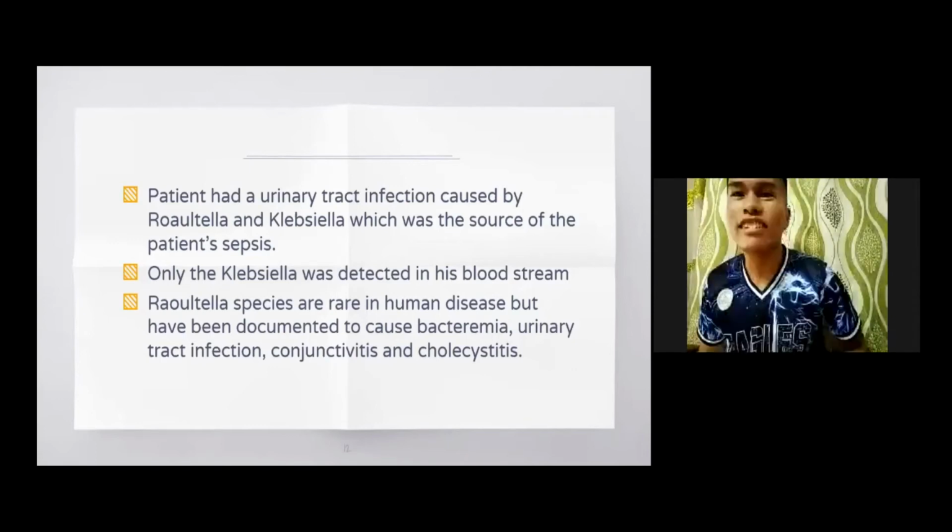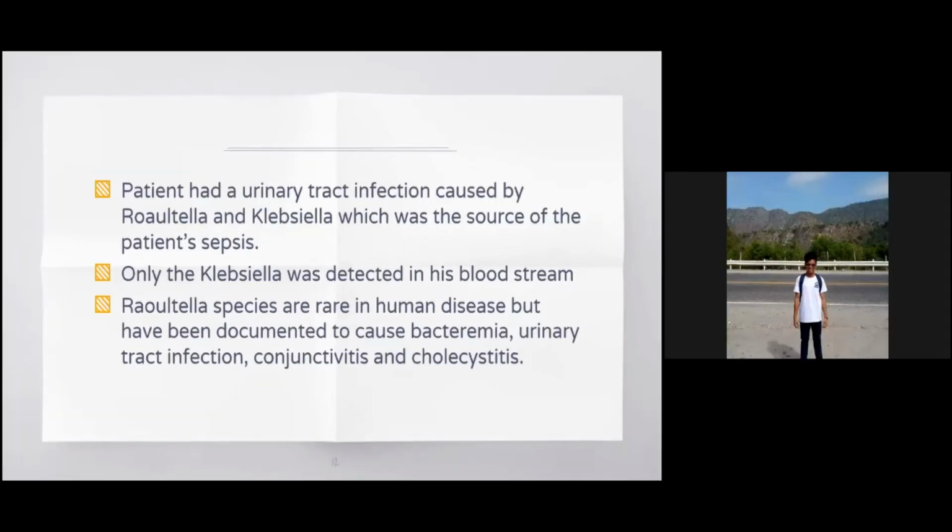The patient had a urinary tract infection, UTI, caused by Raoultella and Klebsiella, which was the source of the patient's sepsis. Only the Klebsiella was detected in the bloodstream. Raoultella species are rare in human disease but have been documented to cause bacteremia, UTI, conjunctivitis, and cholecystitis.